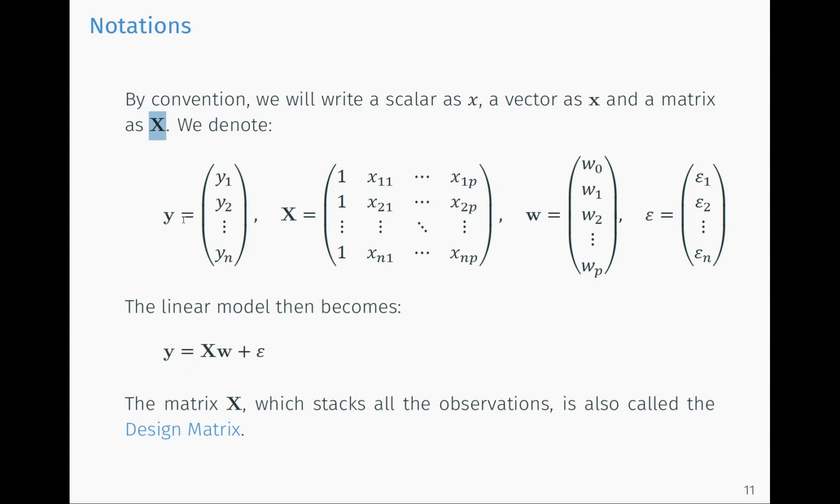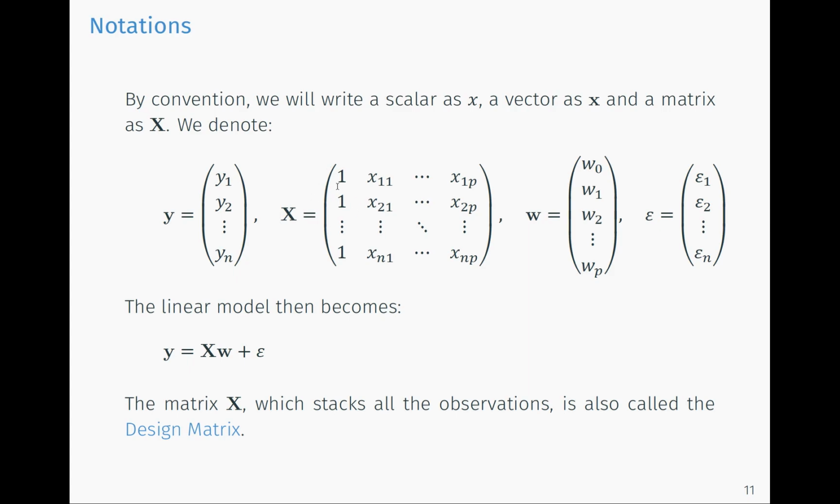So when you look at the list of all the outcomes, all the labels, you have this column vector of values that are collected. So this is a vector of y. I have this matrix here that we call the design matrix, and basically what the design matrix does is stack up all the observations you make about everybody.